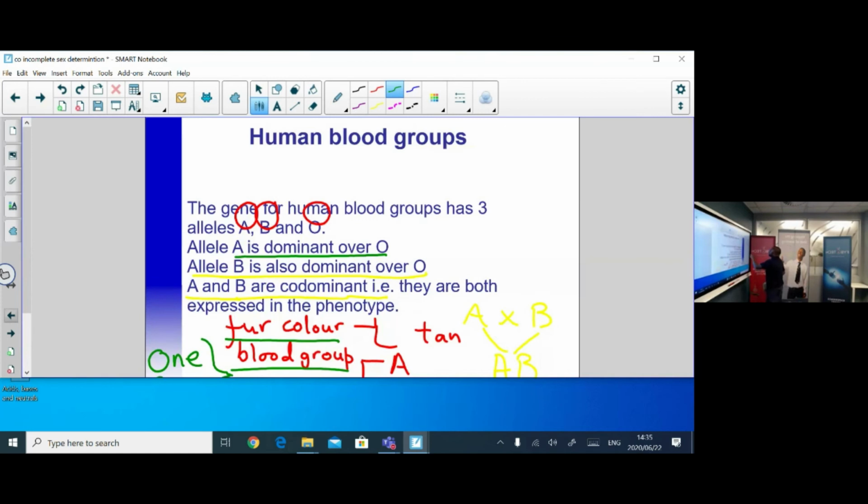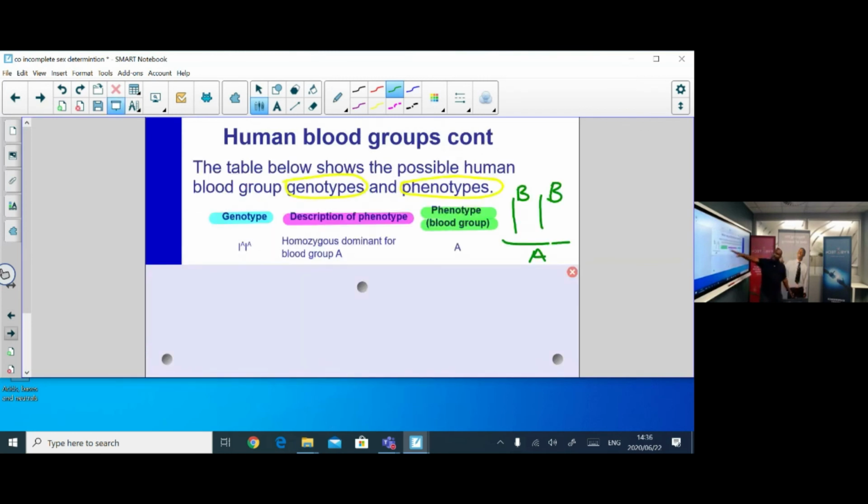Okay, let me just do it for you so that my question comes out nice. So it's A, it's B, we represent this way. But what if it's B and O? We write it the same way. So blood group O, we also put the I and the O. It's accepted.